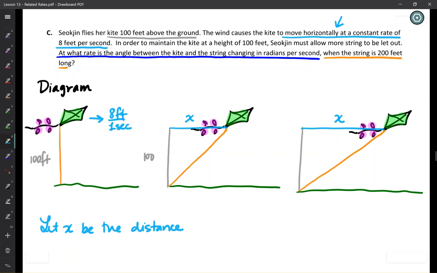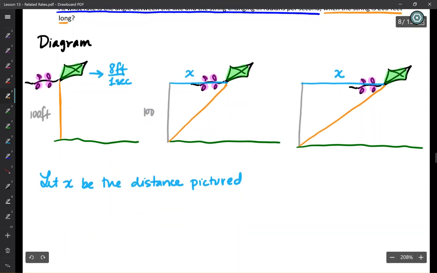I'm just going to write let x be the distance pictured. And I also need to introduce a letter for the length of this string. I'm going to let, how about z, be the length of string that's being let out here.